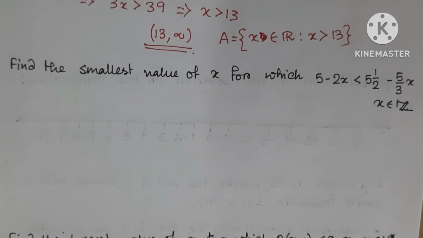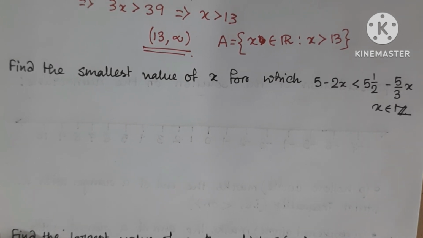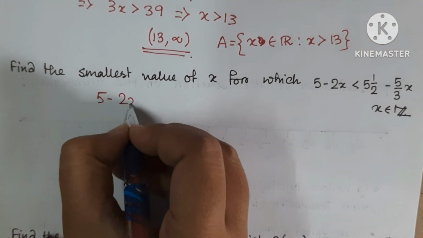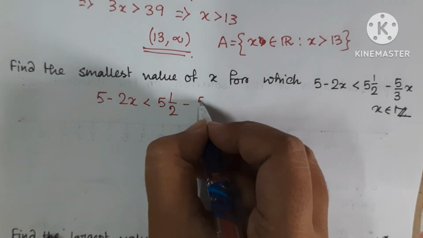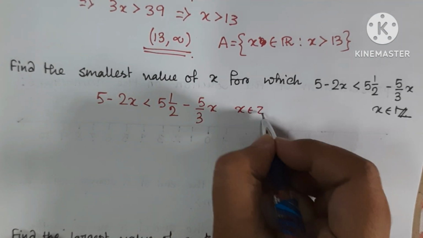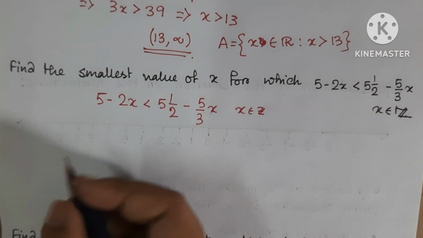Find the smallest value of x for which 5 minus 2x is less than 5 and 1 by 2 minus 5 by 3 x. x belongs to Z, that is given. x belongs to Z, that means the replacement set is Z. Okay, now do it.